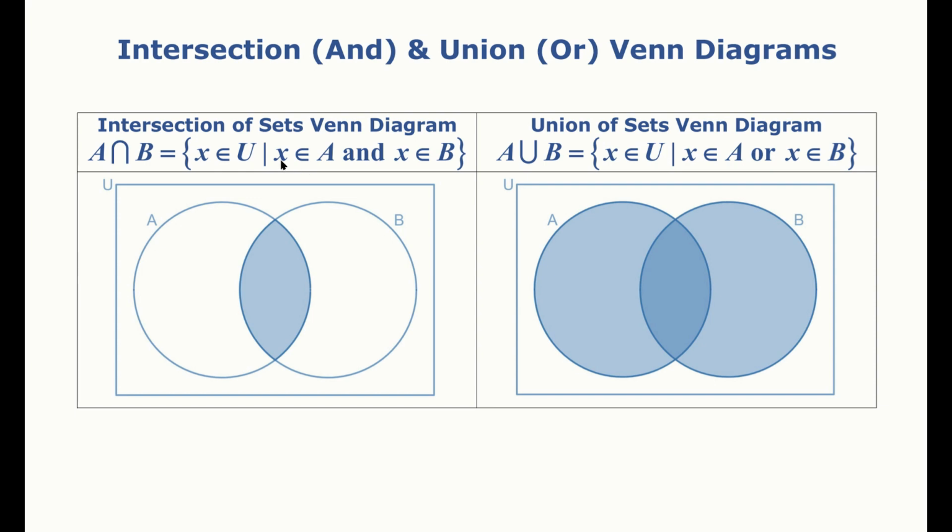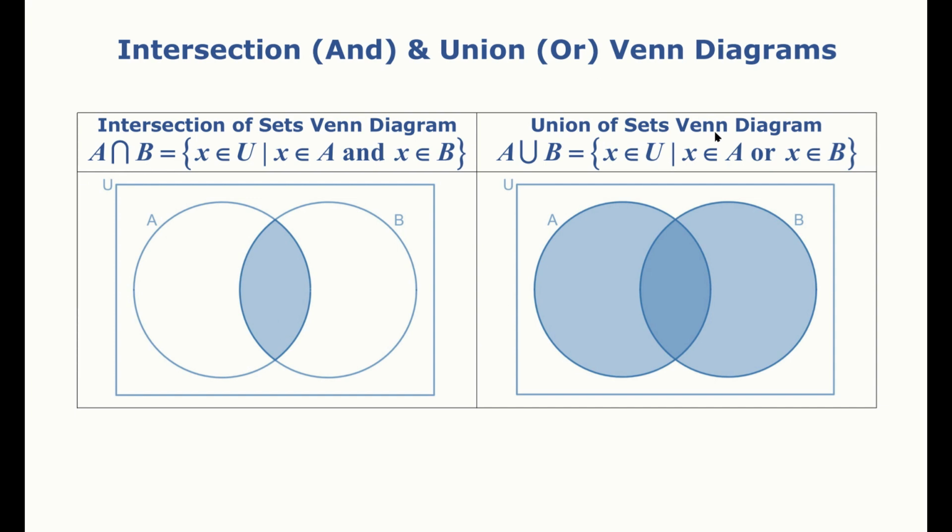So all X belonging to A and X belonging to B. In other words, to be in the intersection, you have to be in both sets. That's why this region right here is the only region that qualifies for an element which is in the intersection of the sets A and B. So this shaded region is the intersection of the two sets A and B.